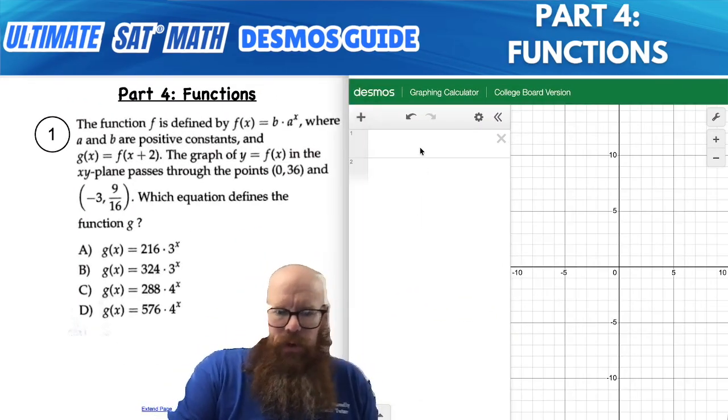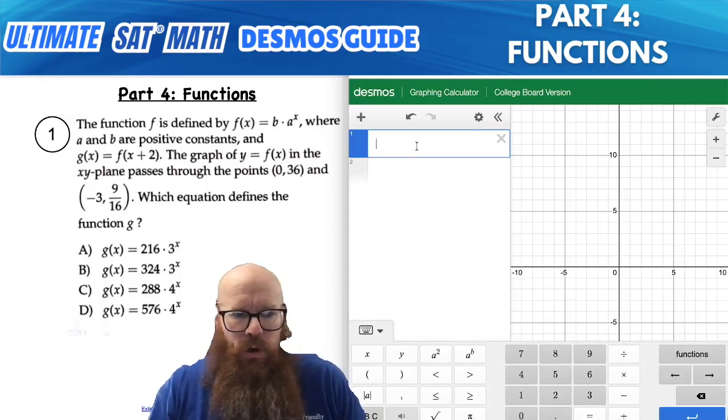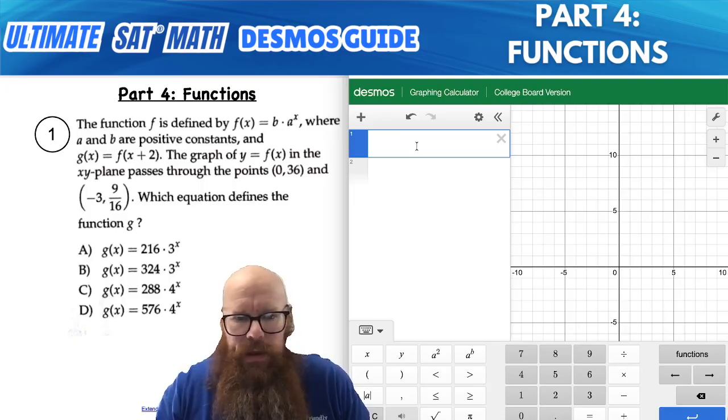So we take a look at this problem, and f is defined as some function where a and b are constants, and g of x is f of x plus 2. All right. So the graph of f of x in the xy plane passes through these points.